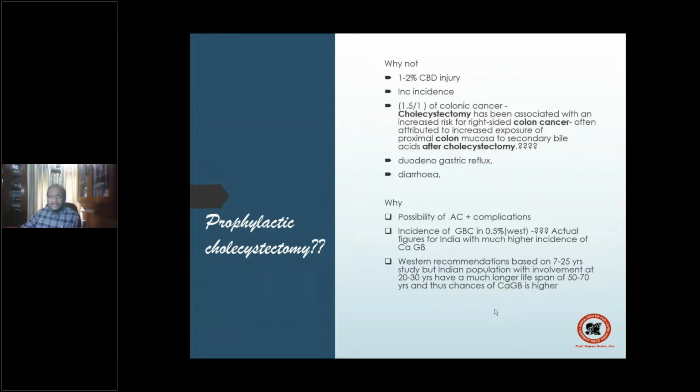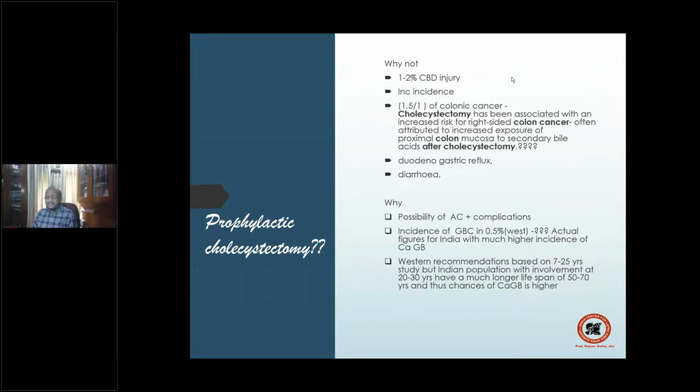Now, there are both opponents and proponents. Opponents who say prophylactic cholecystectomy should not be done, what are the points that they put in favor? Number one, they say 1 to 2% chance of CBD injury, increased incidence of post cholecystectomy syndrome, 1.5 to 1 ratio of colonic cancer.